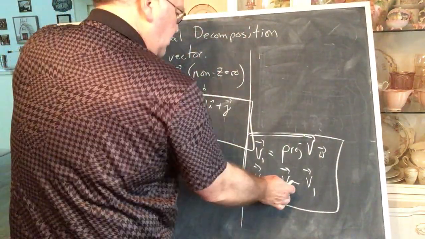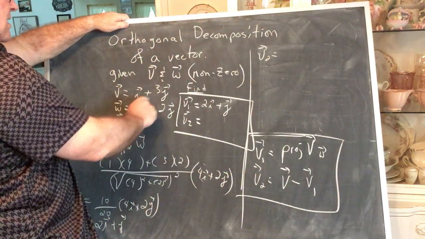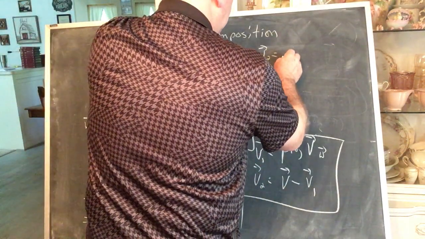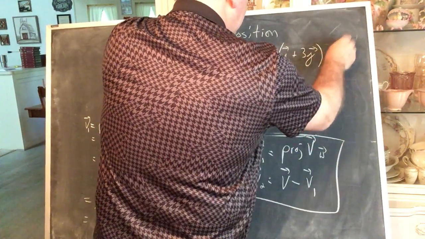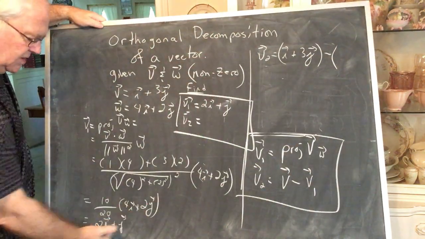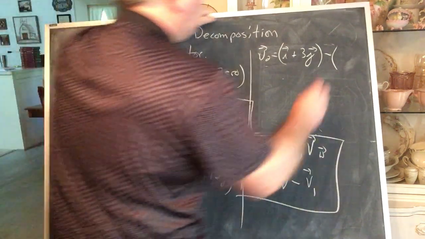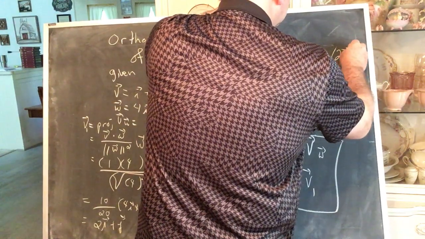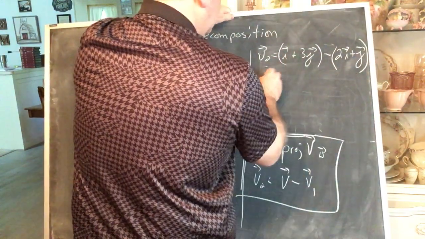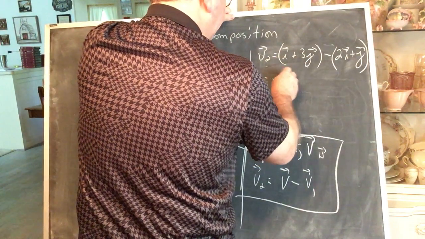And then the last piece is to find vector v2. Vector v2 is the original vector v, which is i plus 3j, minus vector v1, which is what we just found. Vector v1 is 2i plus j. So that's i minus 2i, which is negative i.